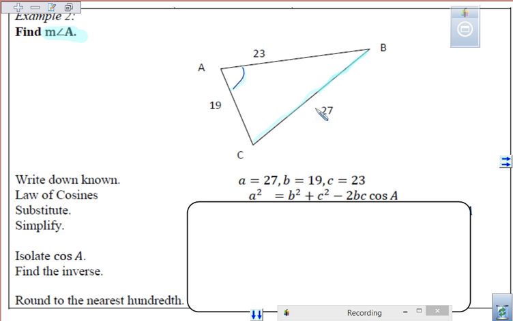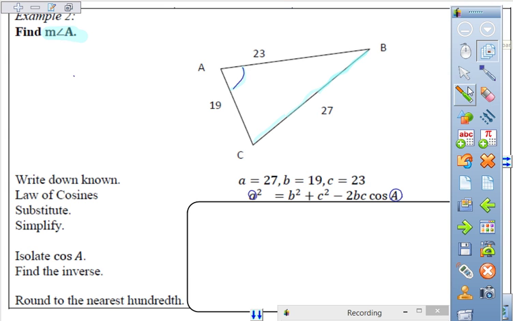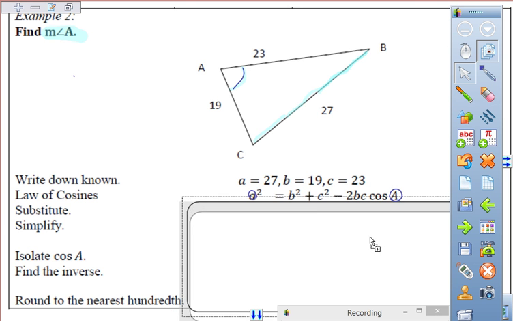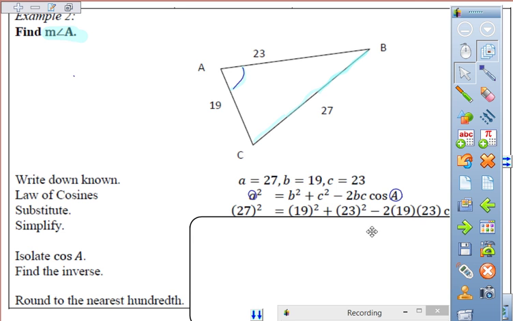So what that means for us is that we have to plug them in here and here. So A is going to go in for the angle, so that's what we don't know. And then 27 has to go in for the A squared. So when we do that, this is what it'll look like.